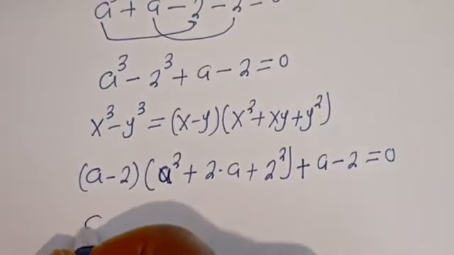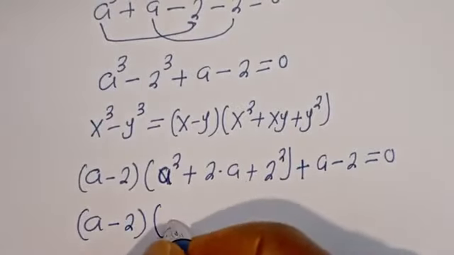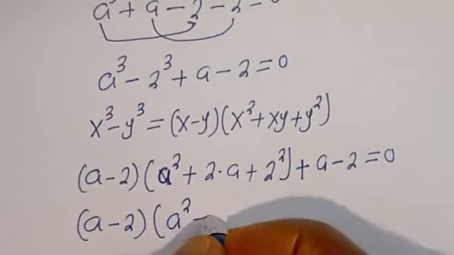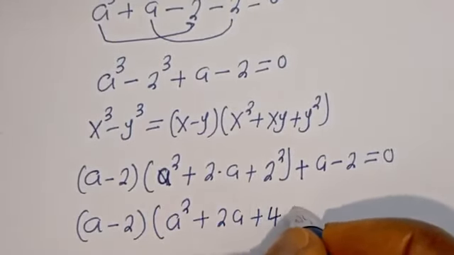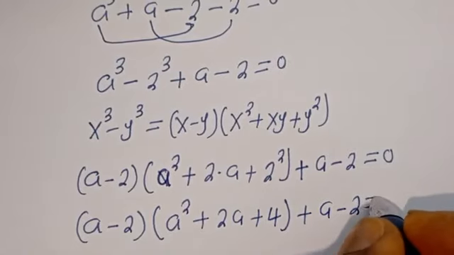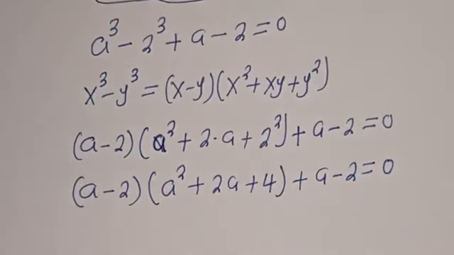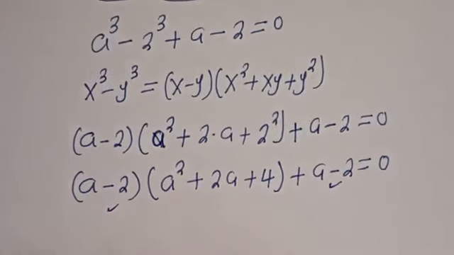Then here we have a minus 2 bracket a square plus 2a plus 2 square, that is 4, plus a minus 2 is equal to 0. Then from here, a minus 2 is common here, a minus 2 is common here. Let's bring it out.